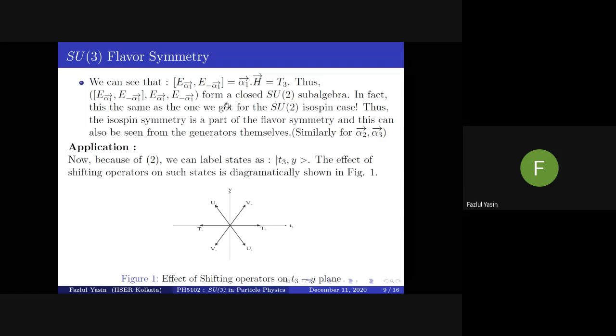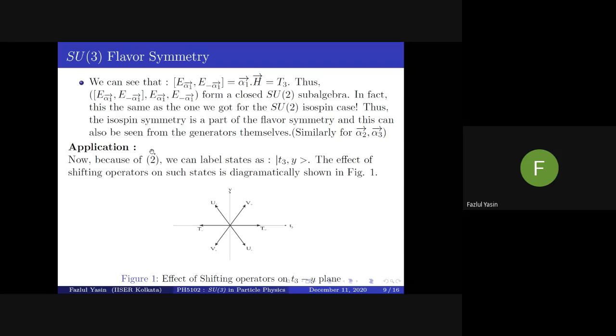So now I've talked about the SU3 algebra, and now I'll talk about how this exactly applies to the quark model in particular, and how we formulate the flavor symmetry.